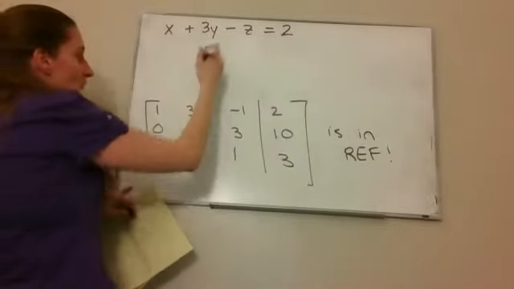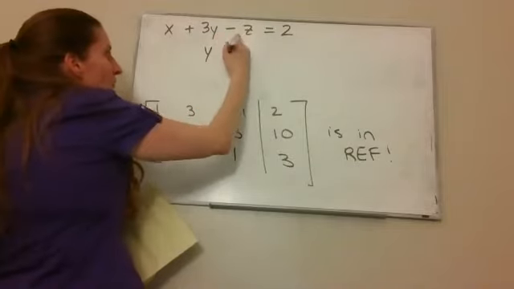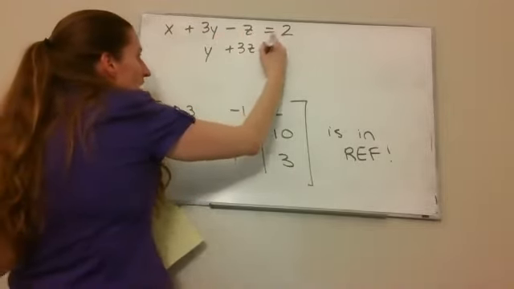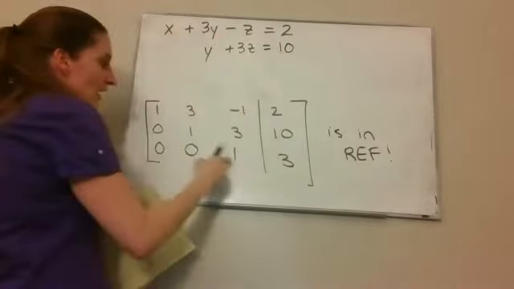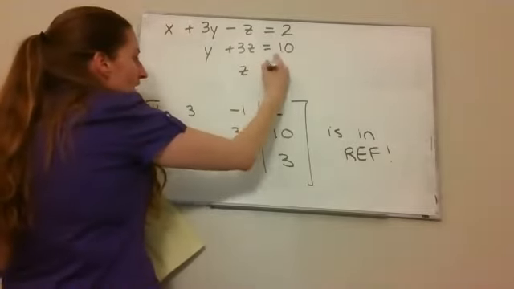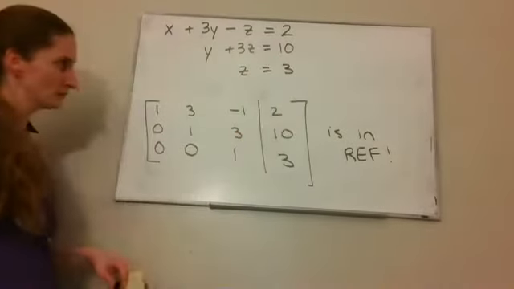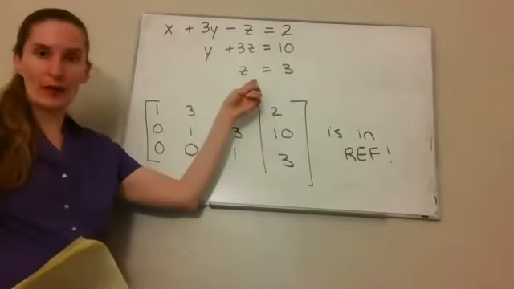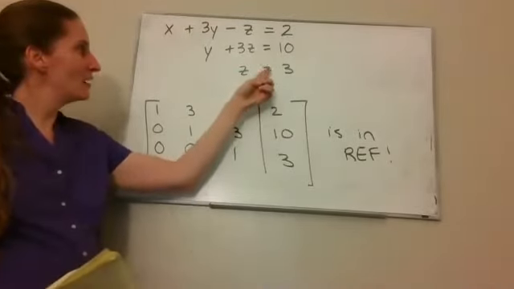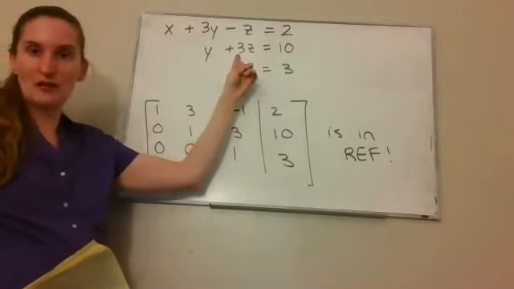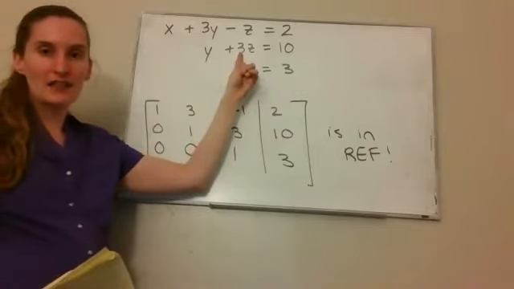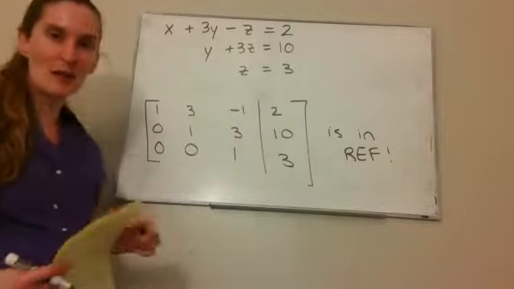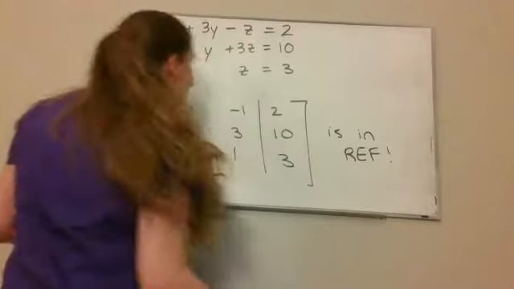Then I have 1y plus 3z equals 10. And I have 1z equals 3. Well, see, this is very nice now. z equals 3. I can take that and plug it into the equation above to figure out y, and then take both of those and plug it into the top equation to figure out x.